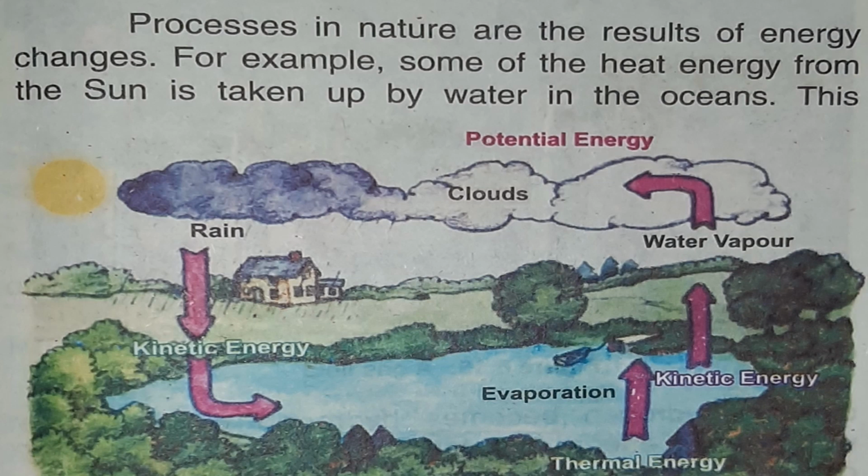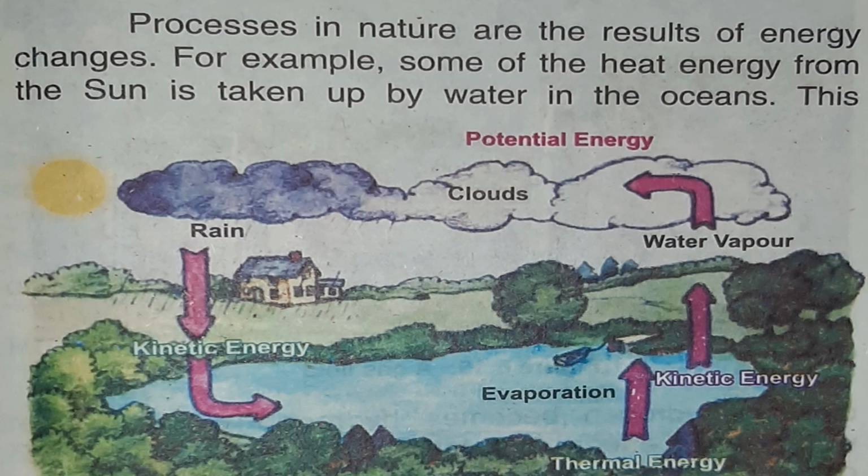The sun's heat causes the evaporation of the water in the lakes, rivers or oceans, and this water evaporates and forms the clouds, and these clouds cause the rain again towards the earth. So heat energy causes evaporation, that gives the potential energy to the water vapors to form the clouds, and again those water droplets come to the earth in the form of rain.